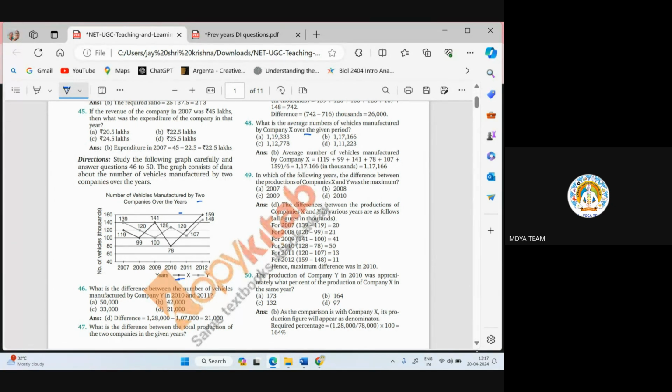So it is X. Sir, the values 119, 99, 141 plus 78 were right, but later on they have added the last two values of company Y, 107 and 15. 107 is the value of company Y, and they have added it in company X, so it must be a mistake, right? Okay, let me check 119, 99, 141, 78, 120. Okay, in place of 107, it will be 120. Then it will be plus 159.